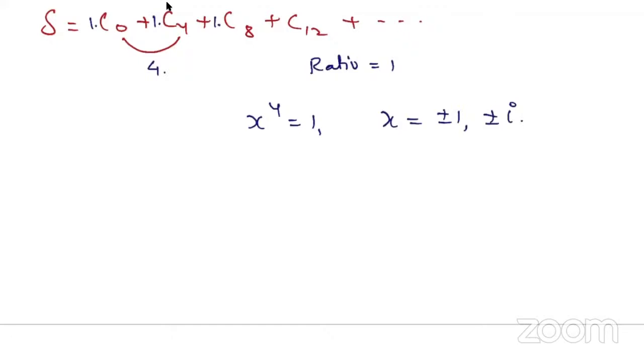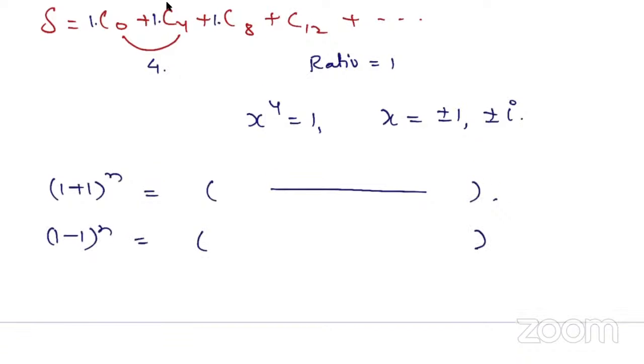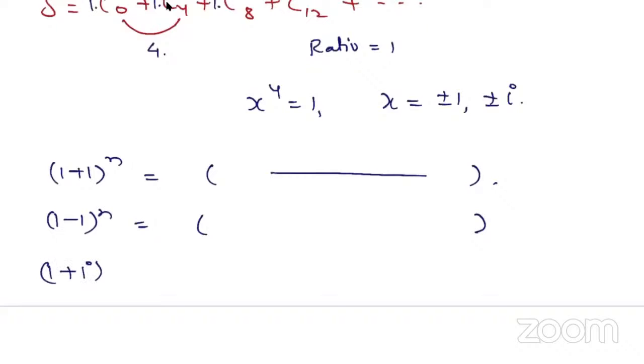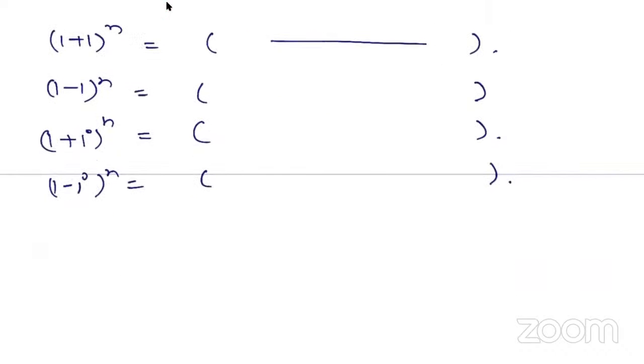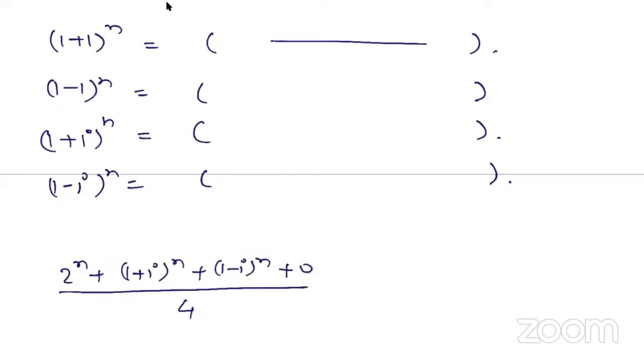If you want to write down the answer directly, one value will be this, and its expansion will be there. Another value will be this, and its expansion would be there. The i expansion will be there, and the 1 minus i expansion will be there. If you add all 4, you get 2 to the power n, plus (1 plus i) to the power n, plus (1 minus i) to the power n, plus 0, divided by 4, which is your required answer.